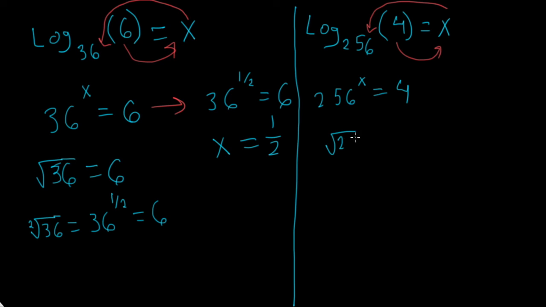So we say 4 to the 4th power equals 256. So the 4th root of 256 is equal to 4, which means that 256 to the 1/4 power is equal to 4. Which means that x is equal to 1/4.